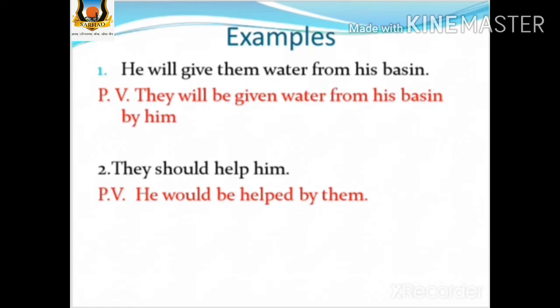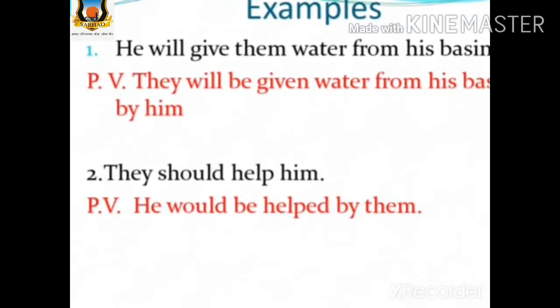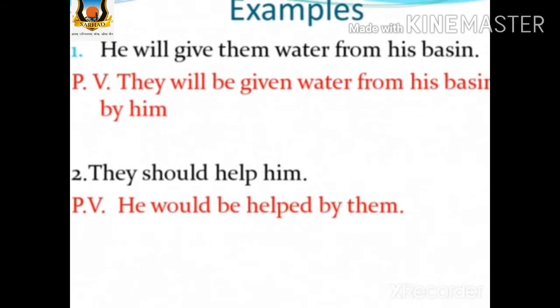Okay, first example: he will give them water from his basin. Now look here, students. What is our formula? Object plus model auxiliary verb plus be plus past participle of the verb plus by plus subject.